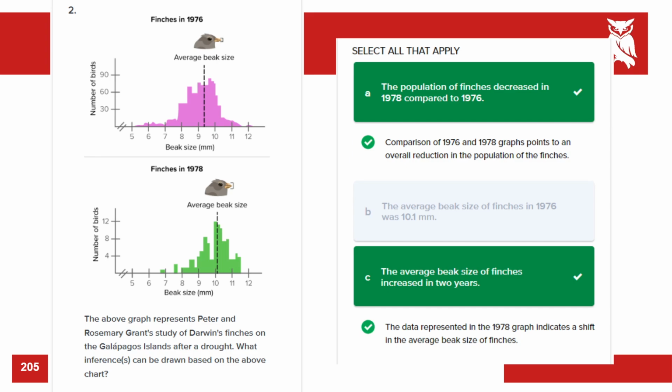All right, the correct answers are A and C. If you look at this graph to the left, this is called a histogram. It basically looks at the prevalence of individuals with relative beak sizes, 8, 9, 10, and so forth. And if we look at 1976, there's a lot more area covered by these lines compared to 1978.